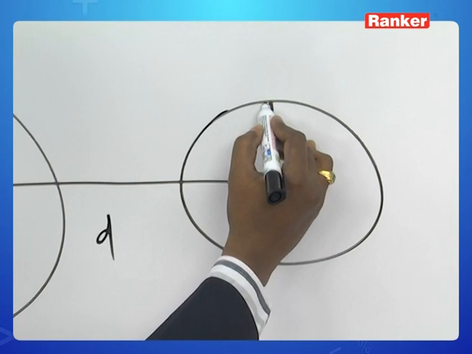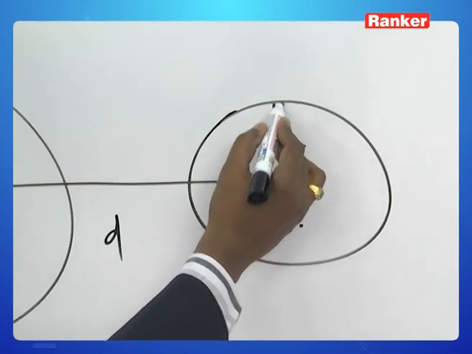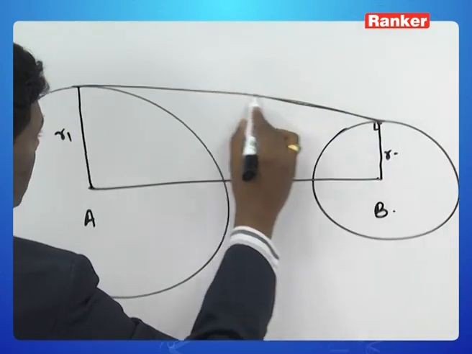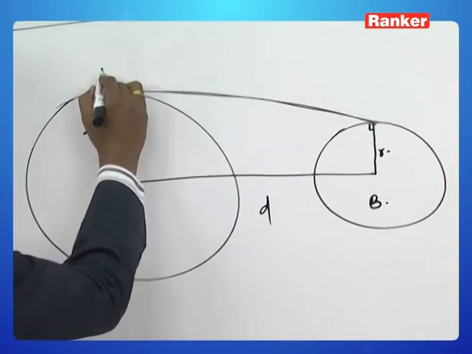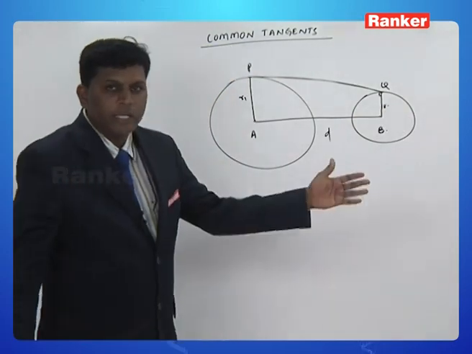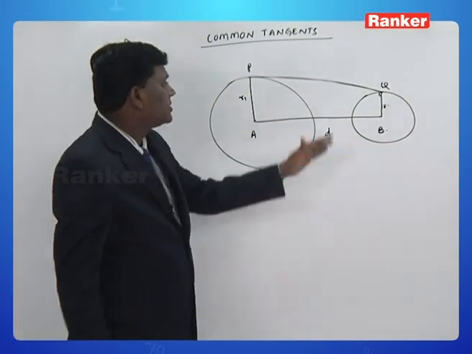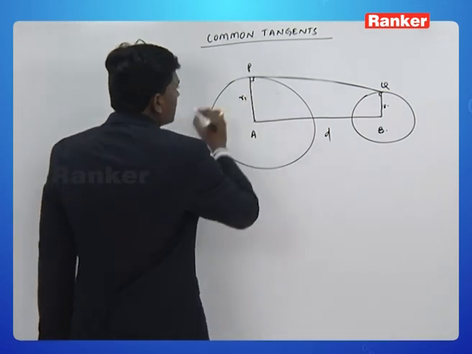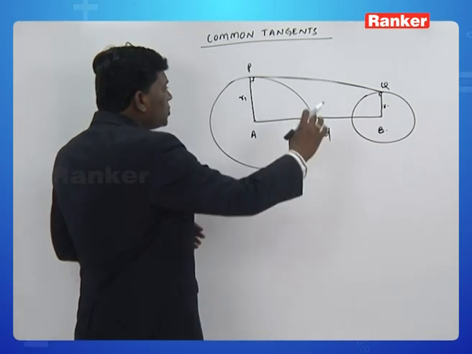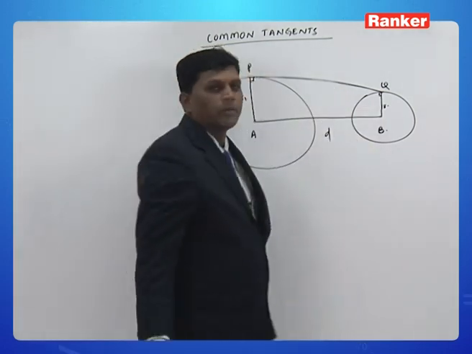Radius of the second circle is taken as R2. Suppose this is the common tangent, which is a direct common tangent of the given two circles. If PQ is the direct common tangent, now how to find out the length of this direct common tangent?